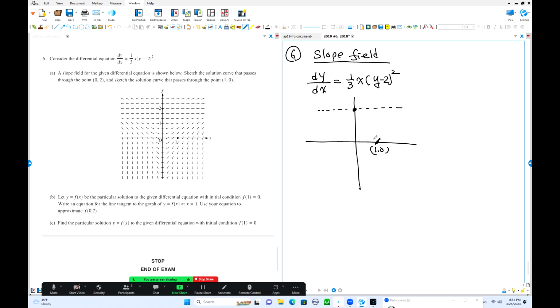X equal 0, always 0, okay? So when you pass through over here, we're going to make this one all the way down. But we're going to pass through this one. This one is a little weird. Pass through this point. Maybe this way.